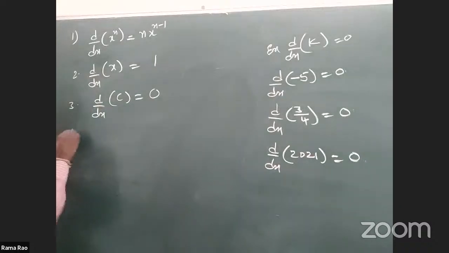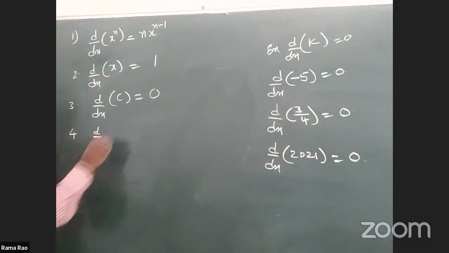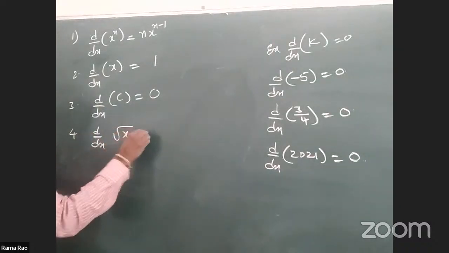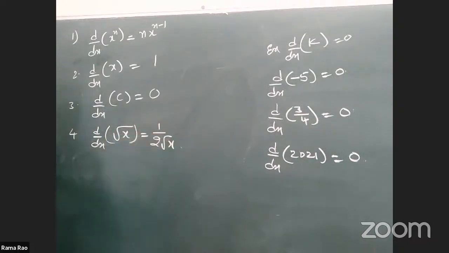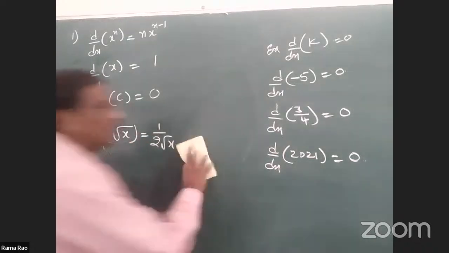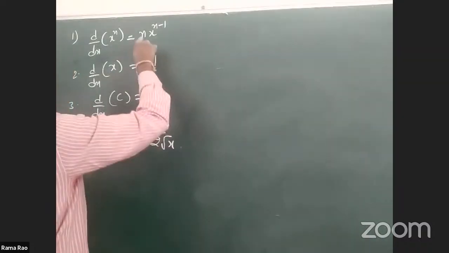Fourth, d by dx of root x is equal to 1 by 2 root x. Derivative of root x with respect to x is equal to 1 by 2 root x. It can also be solved using this principle.